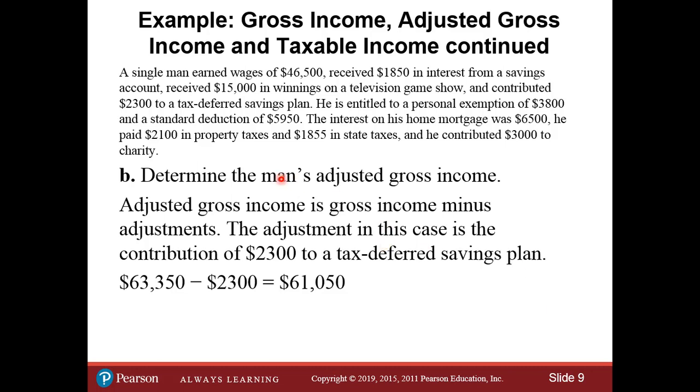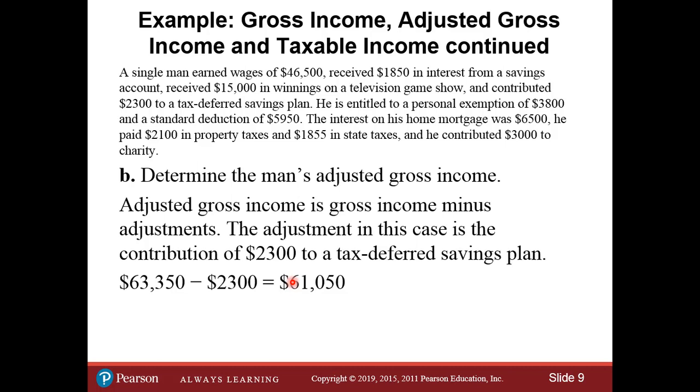The adjustments. In this case, he contributed $2,300 to a tax-deferred savings plan. So that's not going to be included in his gross income. To calculate adjusted gross income, we subtract that off, and so his adjusted gross income is going to be the $61,050 left over.